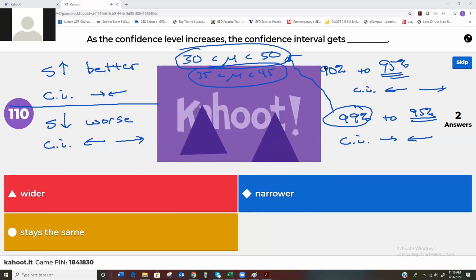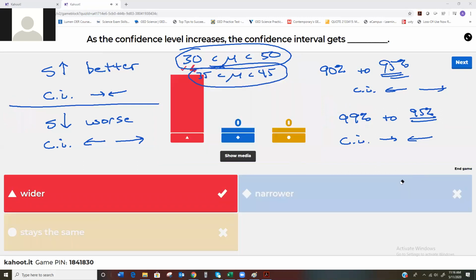So if you want to go, say, from 90% to 95%, perfect. Okay, good job. As the confidence level gets higher, then you're going to widen your net up to be more confident. So if you want to be more confident that you're going to catch the fish, you get a bigger net. And that confidence interval is your net.